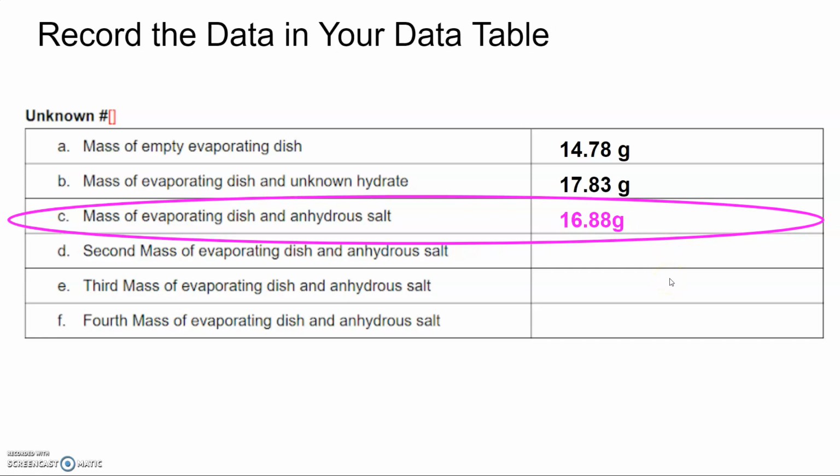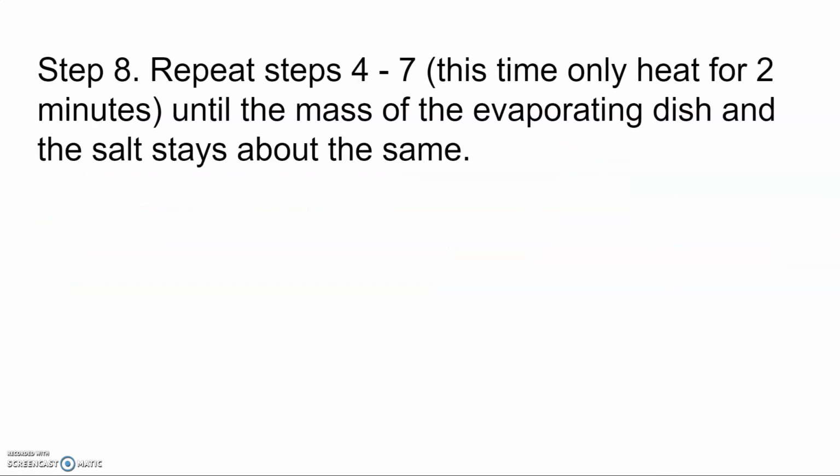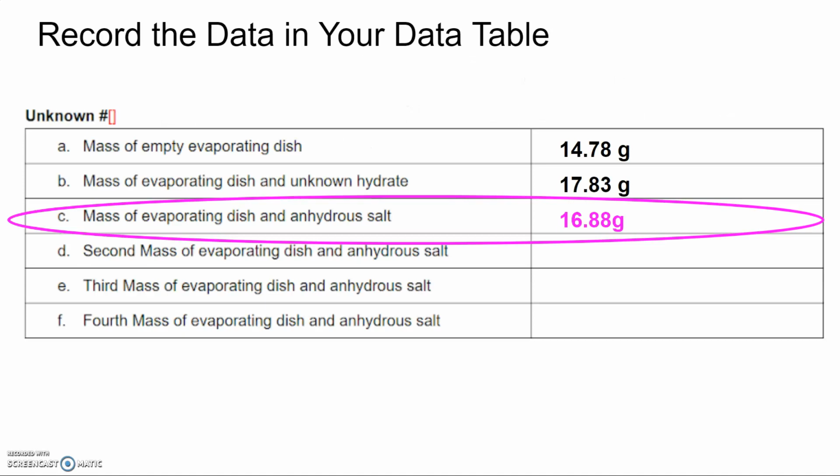Now we need to make sure that we've actually removed all the waters. The way that we do that is we repeat the last few steps of this process where we heat it and weigh it. If we removed all the waters, the next time we heat it and weigh it, the mass should be the same as the previous mass, about 16.88 grams.